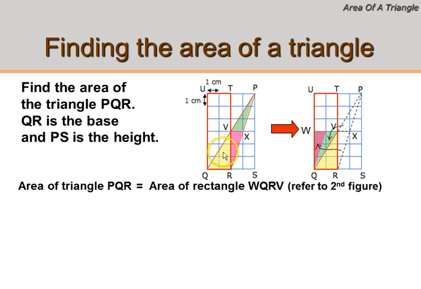Just look at the color, yellow. The green portion has been brought down, and this pink portion shifted, just like this. So the whole area of this, where QR is the breadth and RV is the length of this rectangle, has the same area as this triangle.